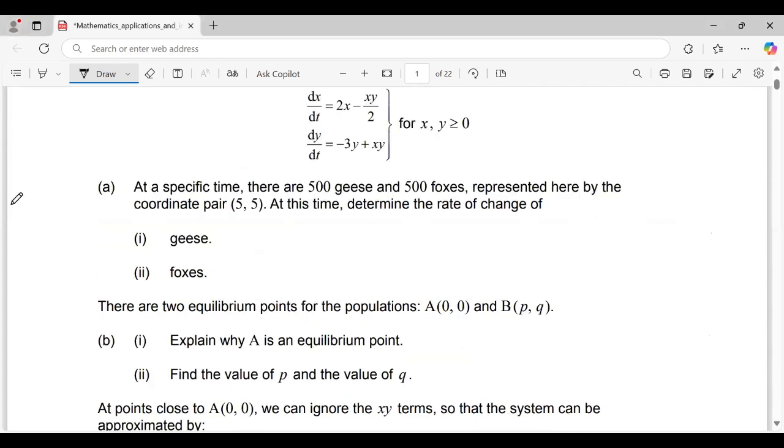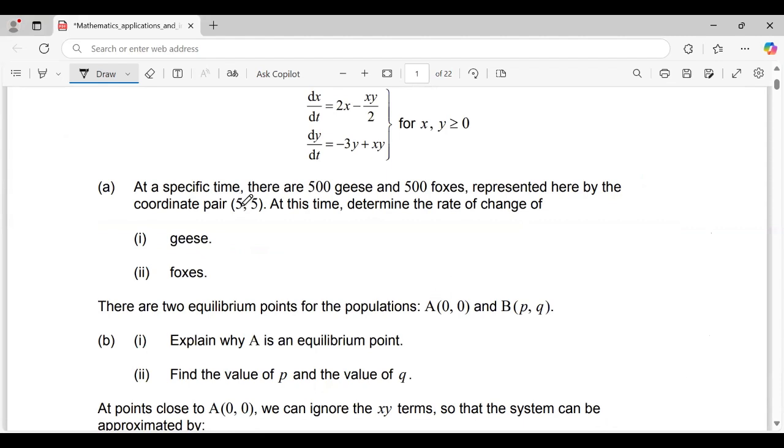That's the function. Question A. At a specific time, there are 500 geese and 500 foxes, represented here by the coordinate (5, 5). At this time, determine the rate of change of geese and the rate of change of foxes.